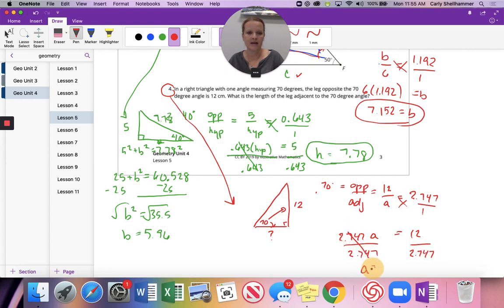I have A equals 4.368. Okay, should it be a smaller length? Yes. That should be my short leg. And we could find hypotenuse by doing Pythagorean theorem, which is cool.